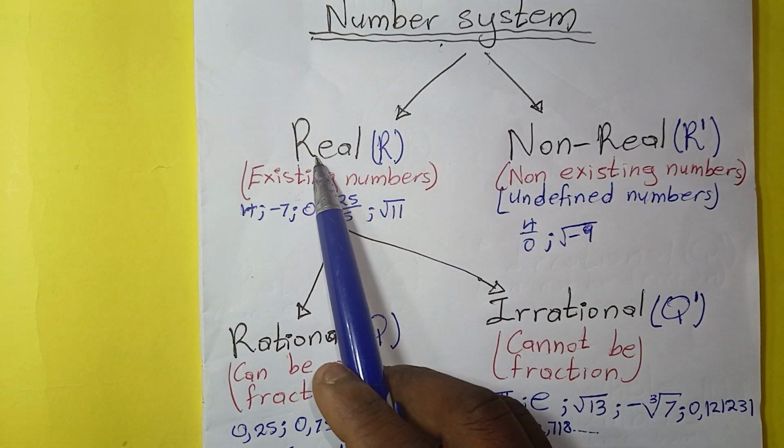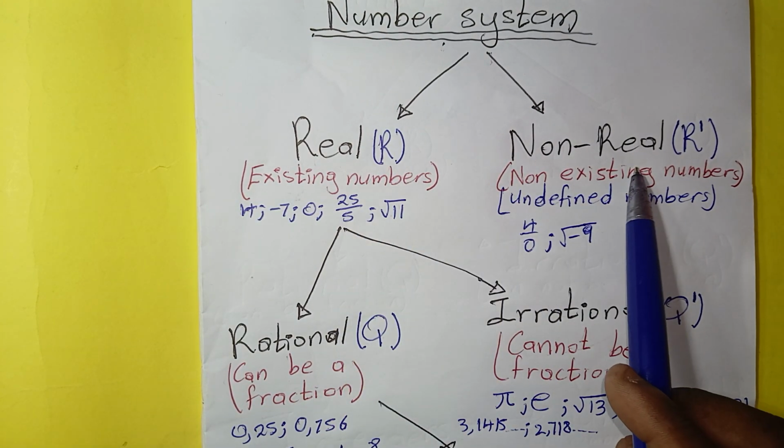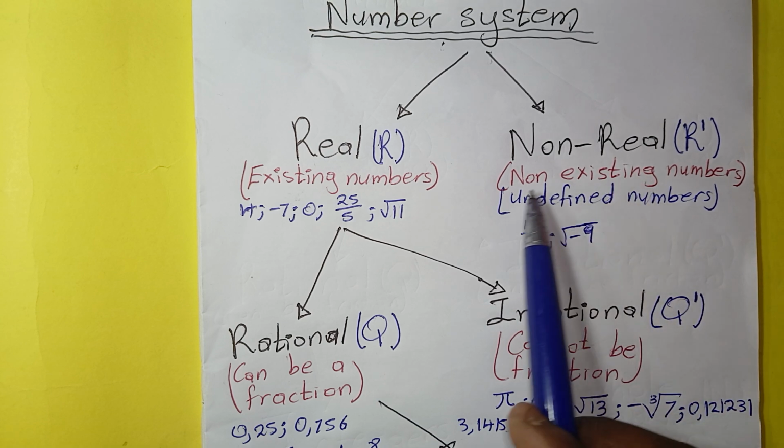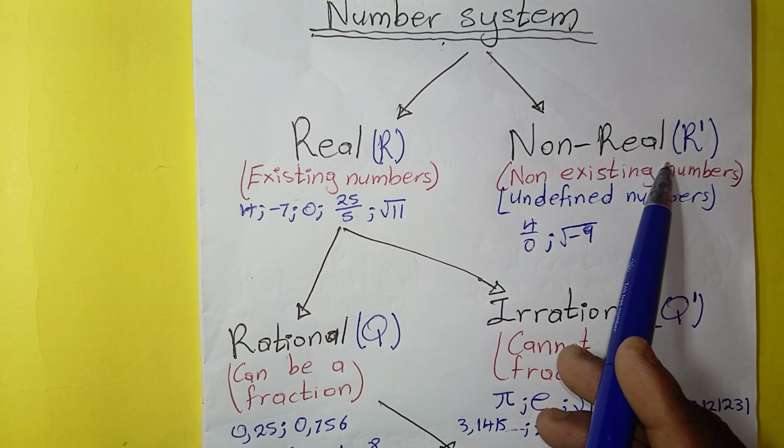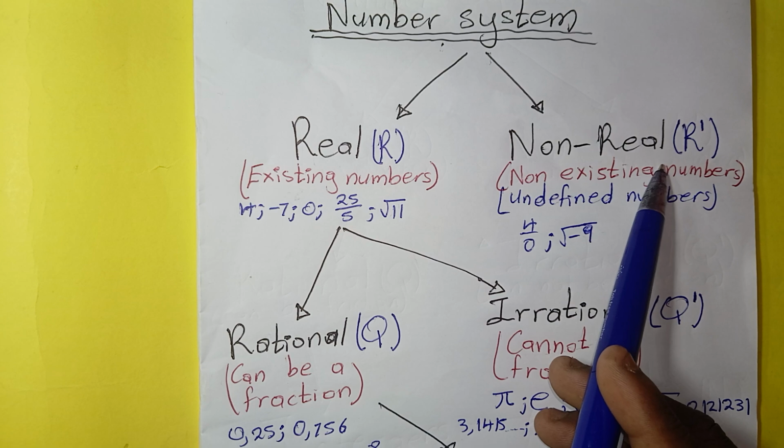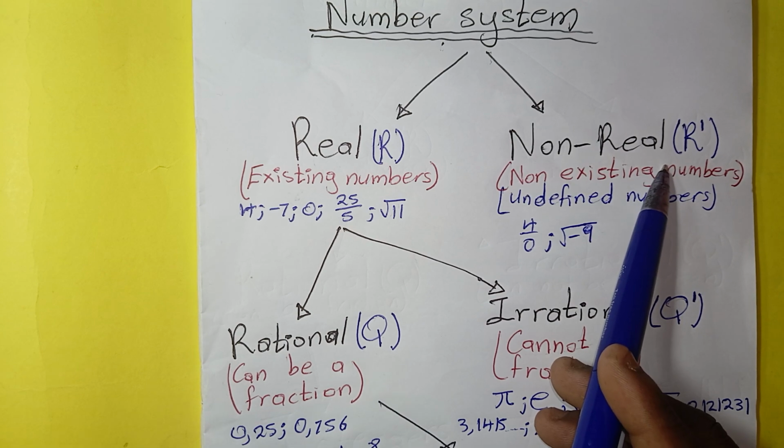Numbers are divided in two parts. We have real numbers and non-real numbers. Non-real numbers are the numbers which do not exist.